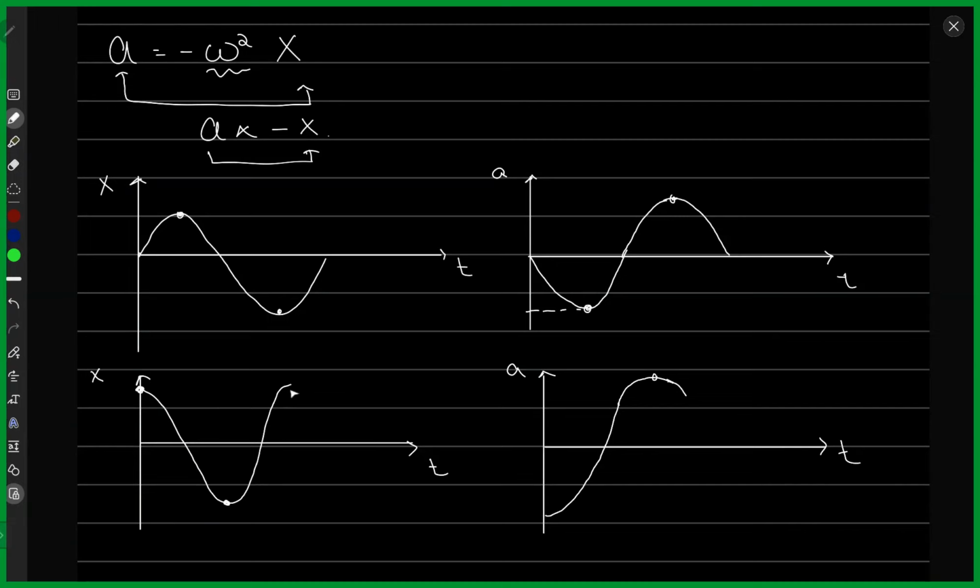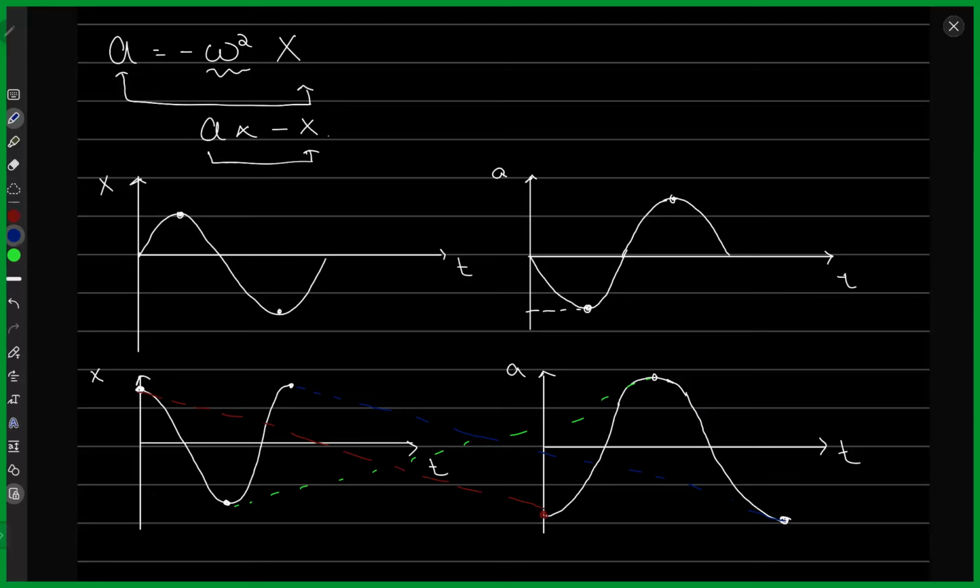And then again, the maximum in displacement time would be a minimum in the acceleration time graph. So is that clear? Yes. So this thing corresponds to this point. This one corresponds to this point, while this one corresponds to this point.